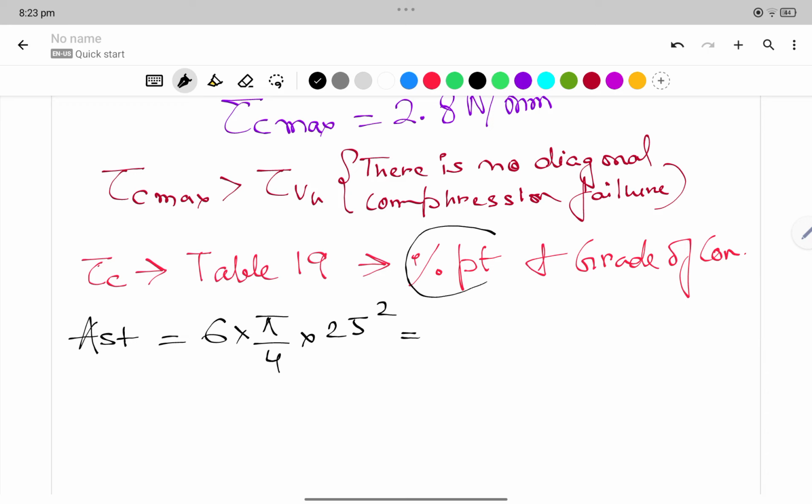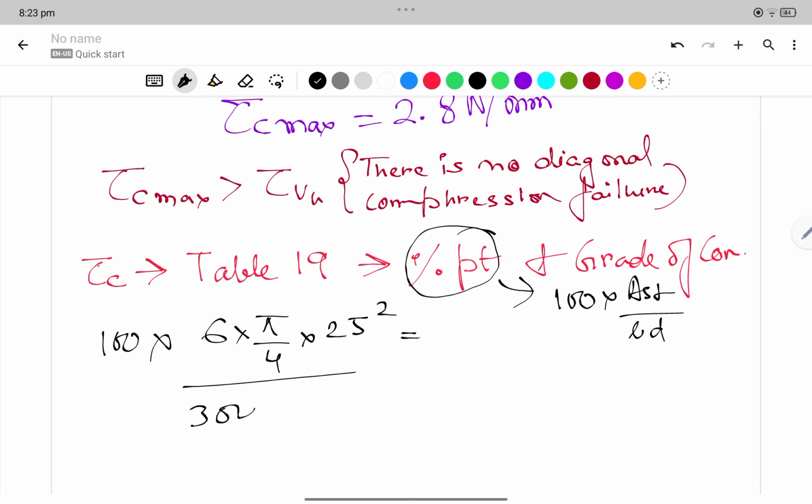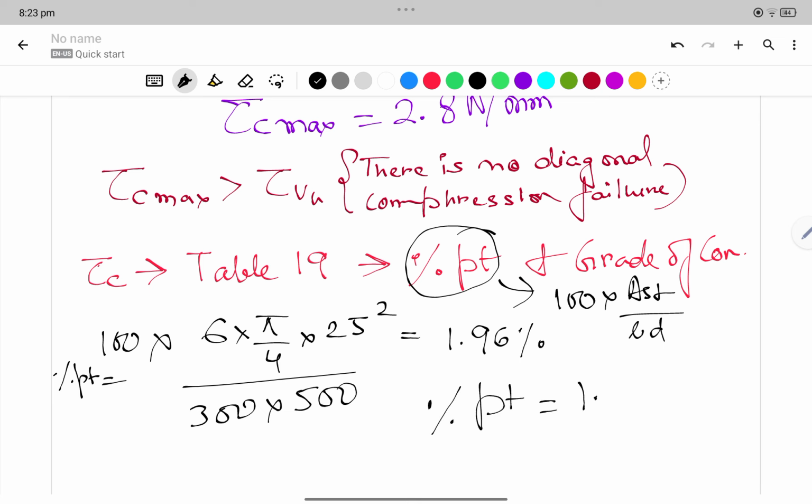Percentage of steel is 100 into Ast divided by bd, so 100 into this divided by 300 into 500. So percentage pt is coming to 1.96 percent. So pt is equal to 1.96 and M20.